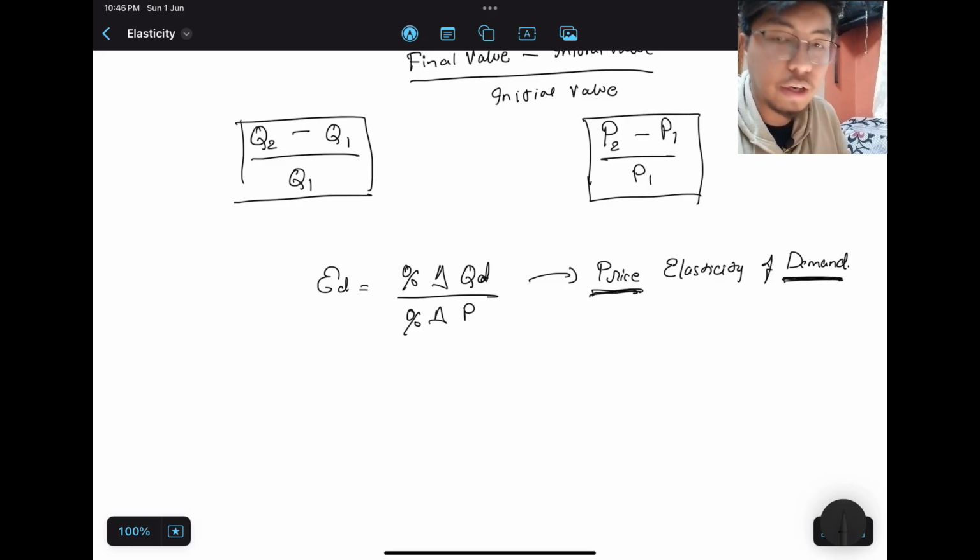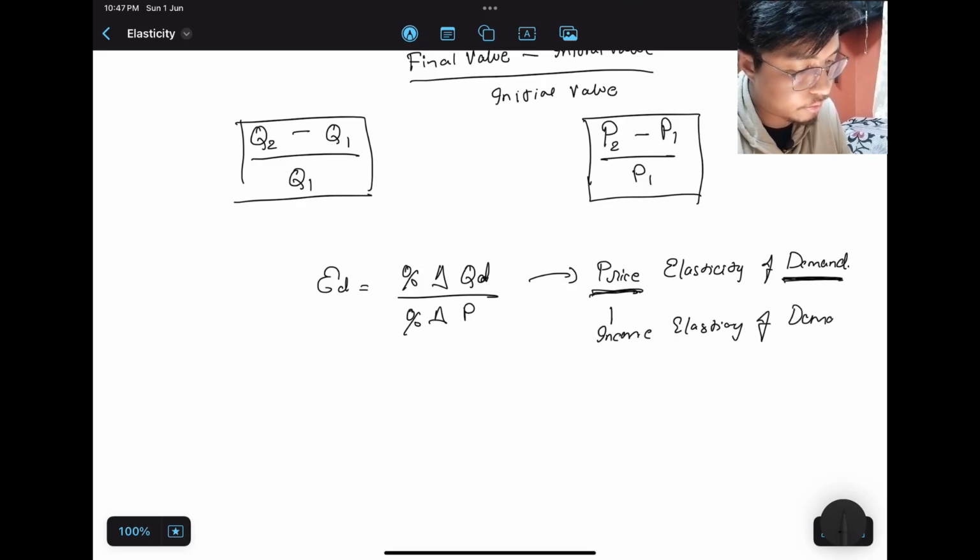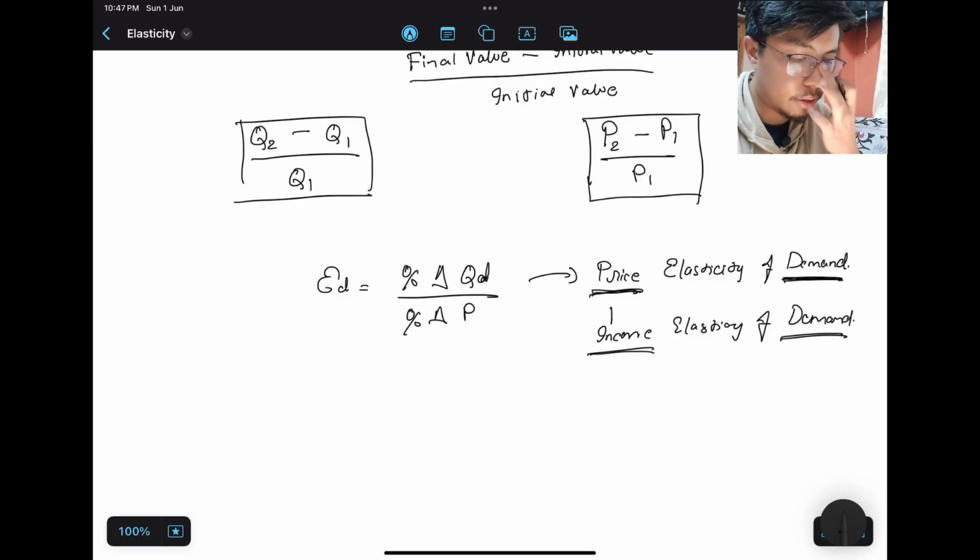So in other words, if a question asks about income elasticity of demand, then it means when your income is changing, how is your demand responding to it. Or in other words, the degree of responsiveness of demand to changes in income.